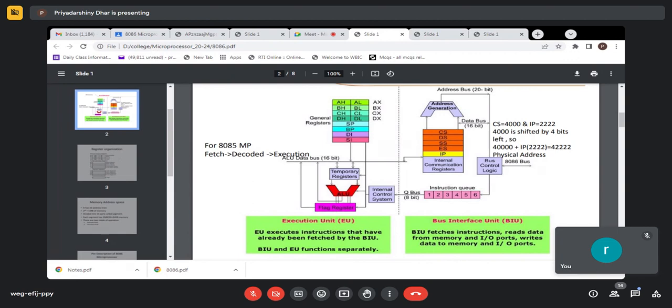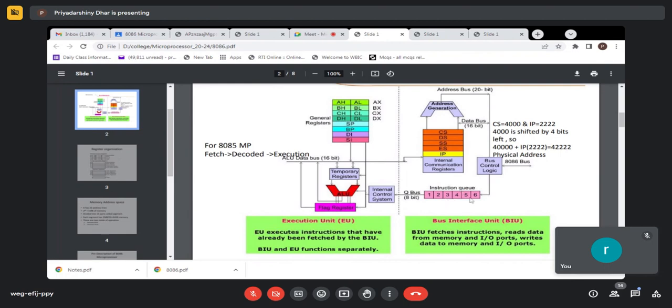So the execution unit and the bus interface unit basically operate in parallel. That means while the execution unit is executing the instruction, the bus interface unit fetches the opcode. So this is parallel work.